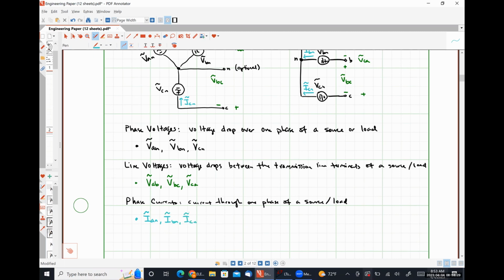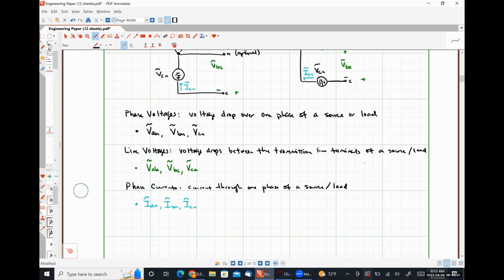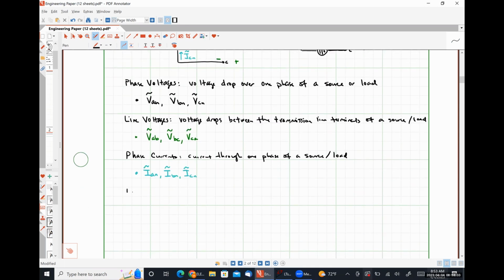And lastly, we are going to have line currents. I'm going to give you guys the definition now, but I literally cannot represent my line currents on this diagram because they only exist when there is a transmission line connecting the source to something else.